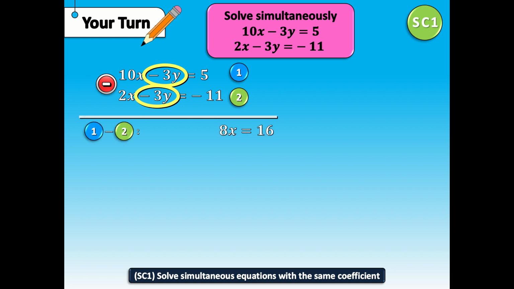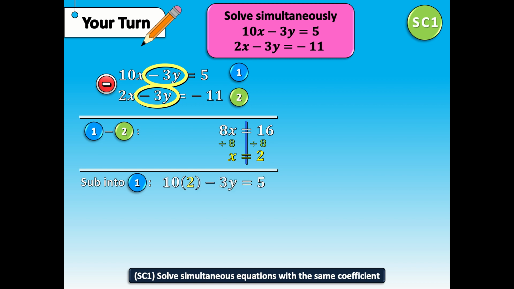So we get 8x equals 16, and then I can divide both sides by 8, so I get x equals 2. I can substitute x equals 2 into the first equation. So 10 times 2, take away 3y equals 5.